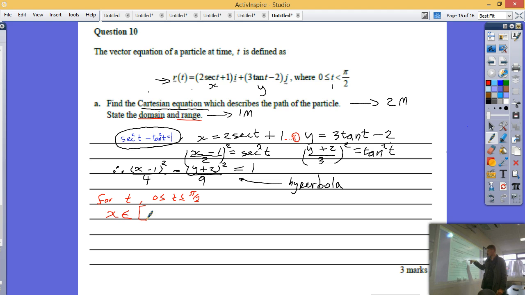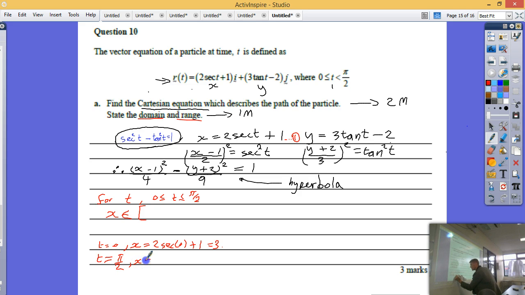If I look at the sec graph, when t is 0, I'm going to have an x value of 2 sec 0 plus 1, and sec is just 1 over cos. Cos of 0 is the value of 1. So that's going to give me a 3. When t is 0, I'm going to have a value of 3. What about when t is the maximum t value, pi on 2?